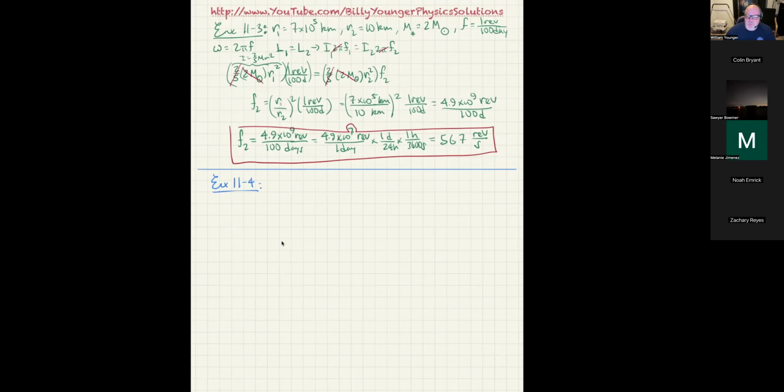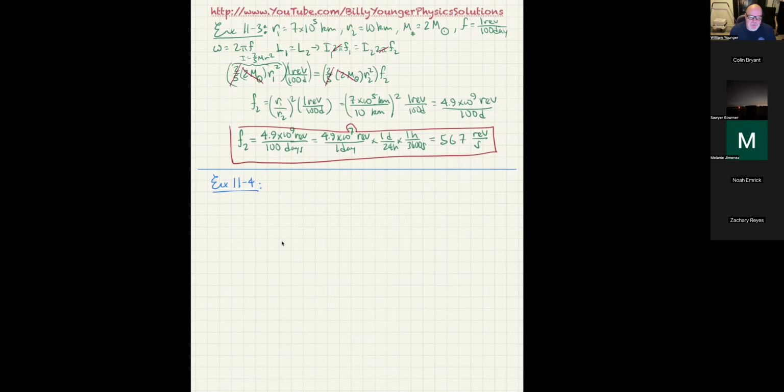11.4. It says running on a circular platform. Suppose a 60 kilogram person stands at the edge of a 6.0 meter diameter circular platform, which is mounted on frictionless bearings and has a moment of inertia of 1,800 kilograms times a meter squared.